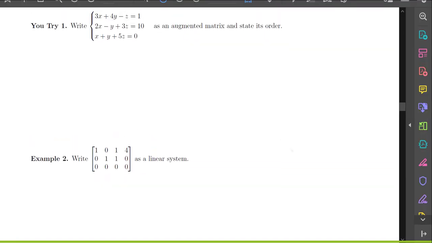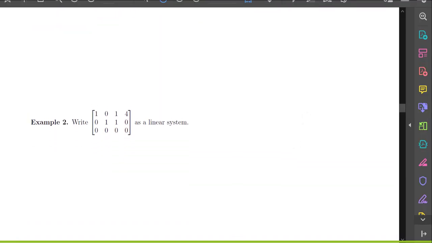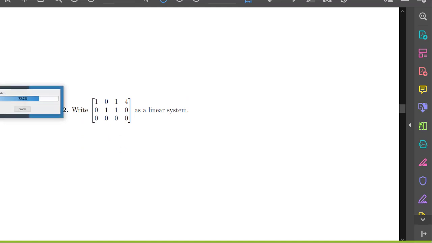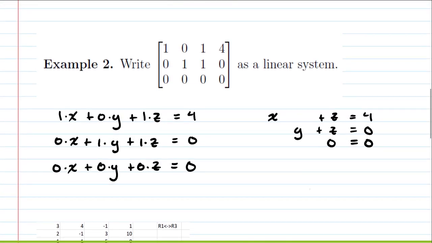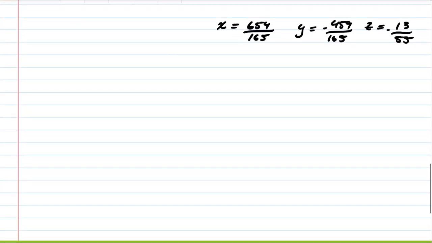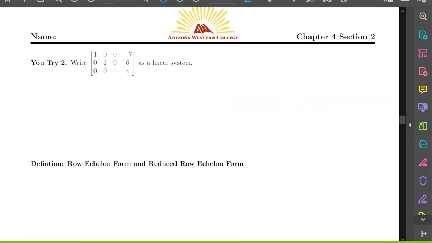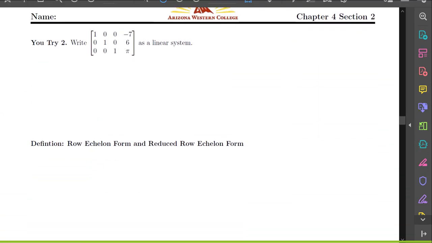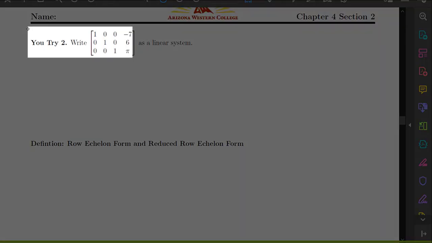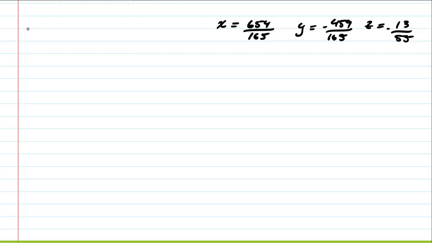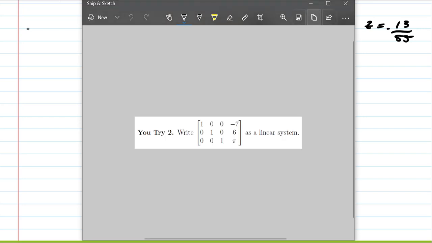Let's move back to what we were just doing. So I want you guys to rewrite this matrix as a linear system.